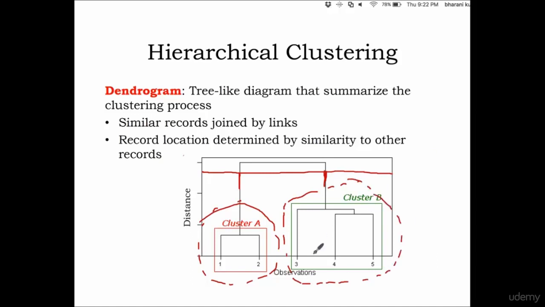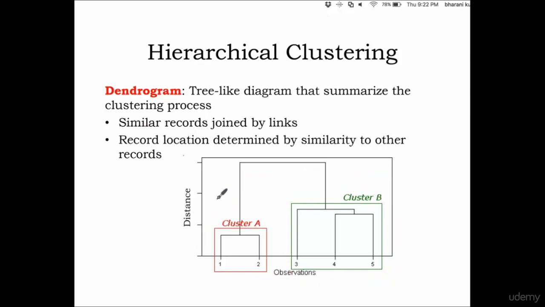So you try to devise a separate marketing strategy maybe for this cluster, and a separate marketing strategy for this cluster. At the same time, if you cut at this location, how many clusters will you have?